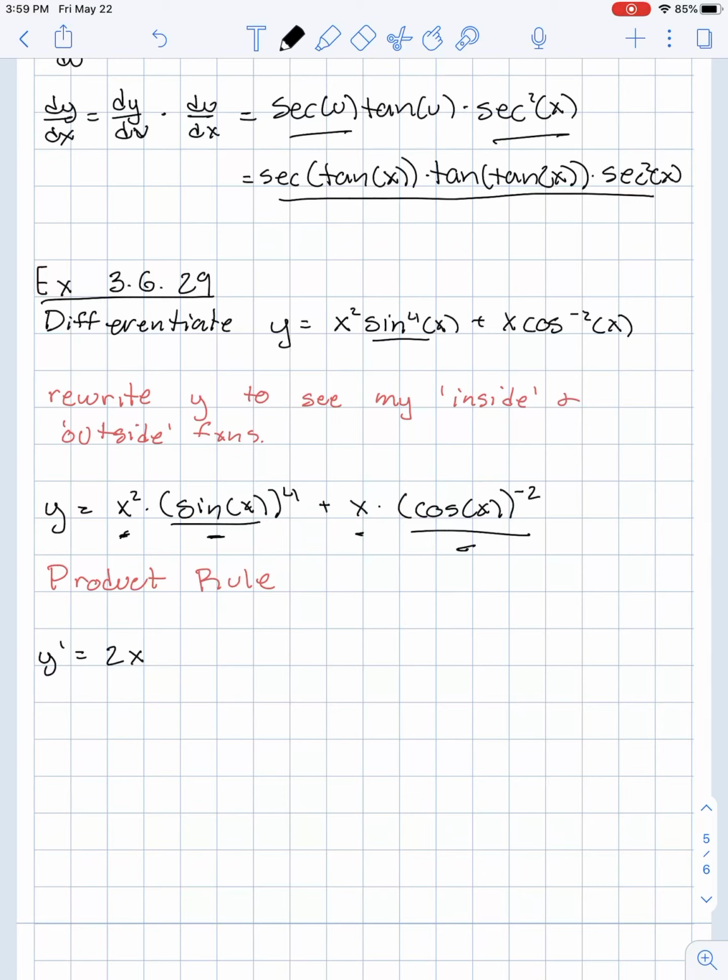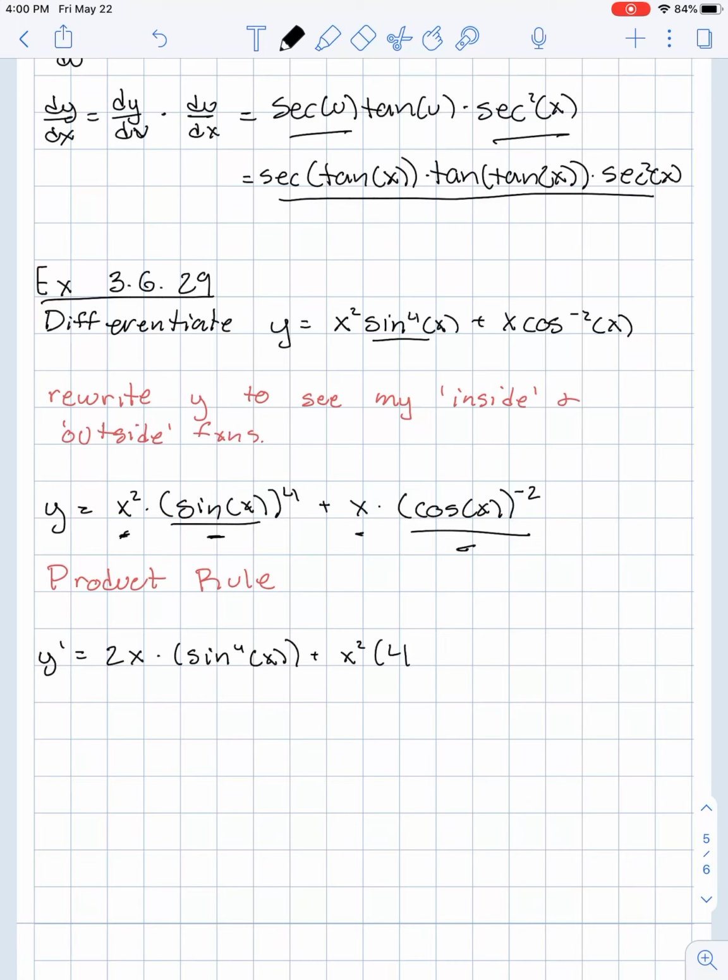So we're going to have y prime equal to, let's take the derivative of x squared. So that's 2x times, and I'm going to keep sine x to the fourth. So sine 4x plus, now we're keeping x squared, it already did its job.